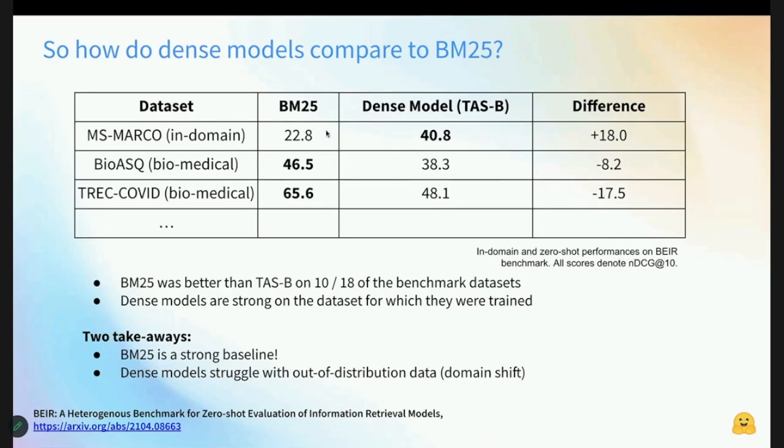In which case they can be much better than BM25. And then the other takeaway is that dense models struggle with out of distribution data. So if you train a model to work in a domain of X, its performance won't be nearly as good if you try to apply it somewhere else.